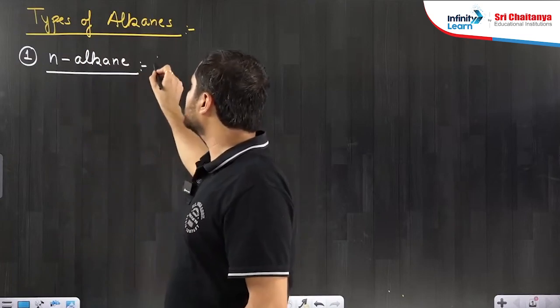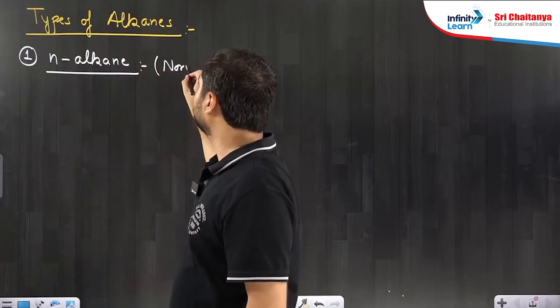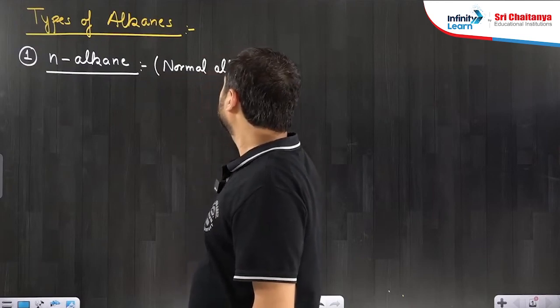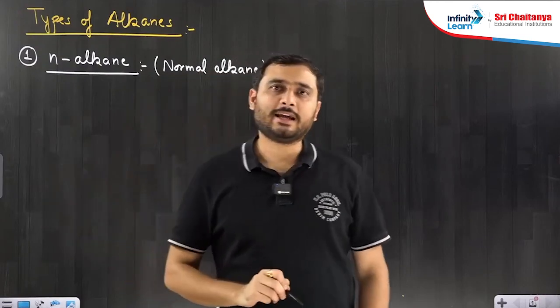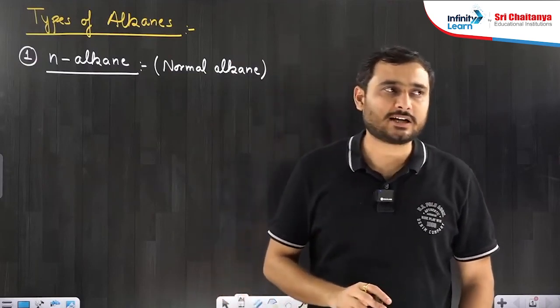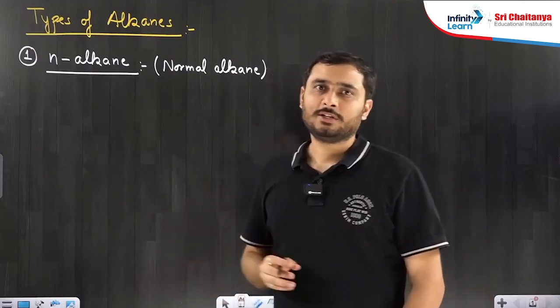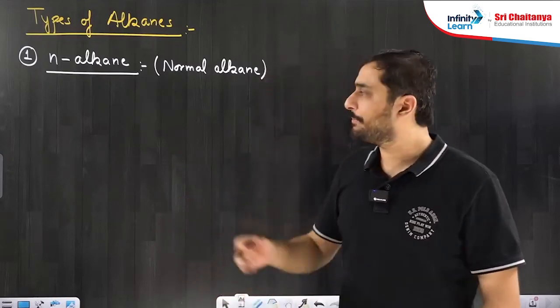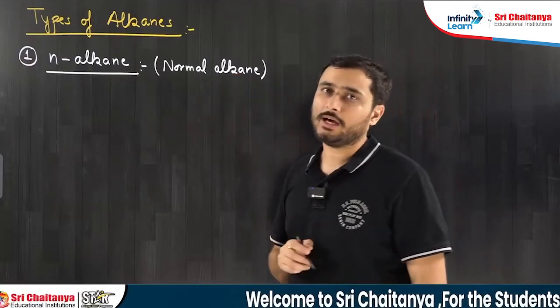So we call this a normal alkane. A normal alkane is that type of alkane in which all the carbon atoms are present in a straight chain. If all carbon atoms are in a straight chain, there will be no branching. These types of alkanes are called normal alkanes.